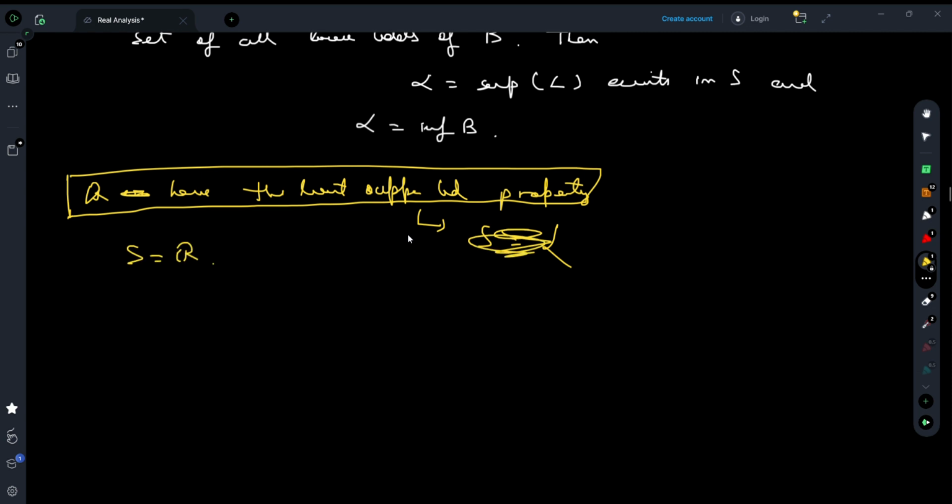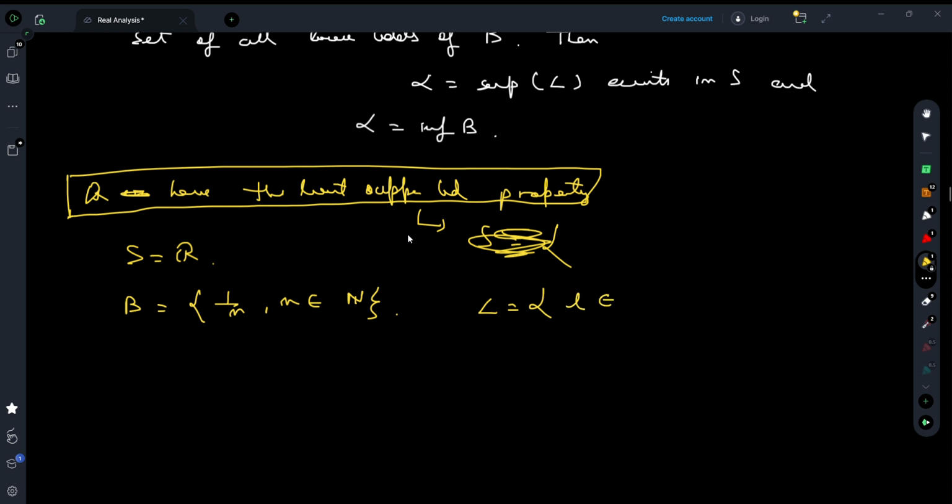So inside R, suppose we take the set S as R. We abide by the notations in the theorem, and we take B to be the set 1/n, n belongs to natural numbers. This set is obviously bounded below by 0.